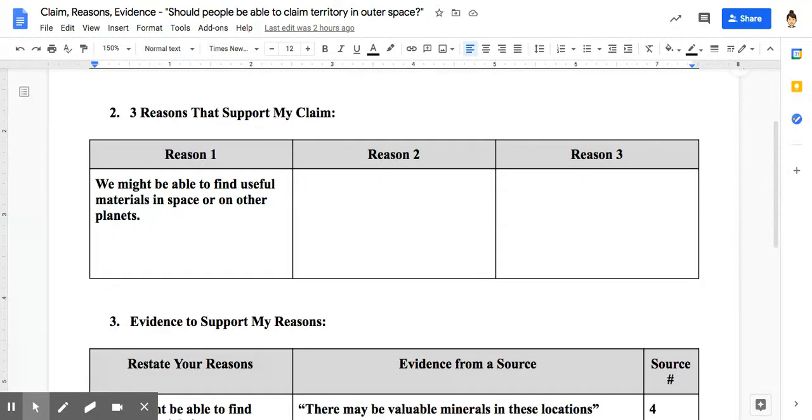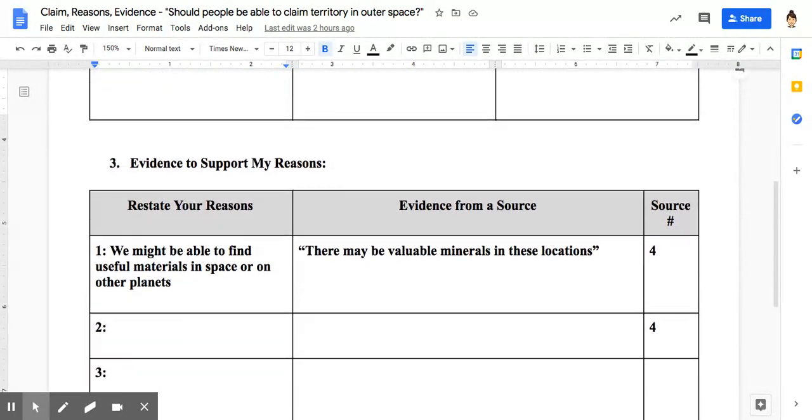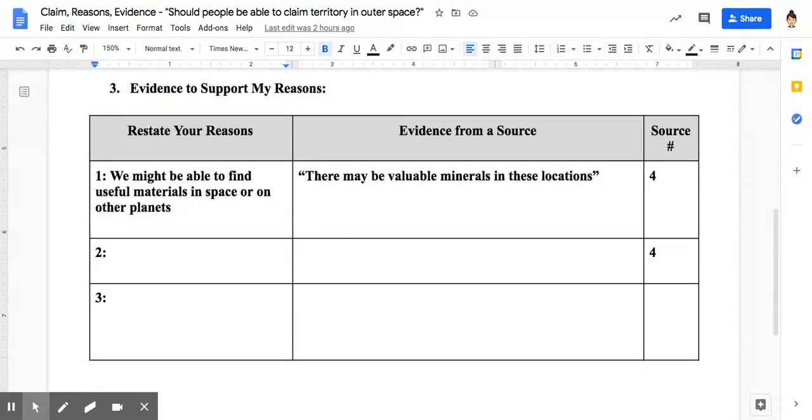We've talked about developing 3 reasons that support your claim. So each box should be filled out. I just have one reason here as a sample, but you should have 3. And then yesterday we talked about moving our reasons right into this column, just restating them in a nice, clear, complete sentence.